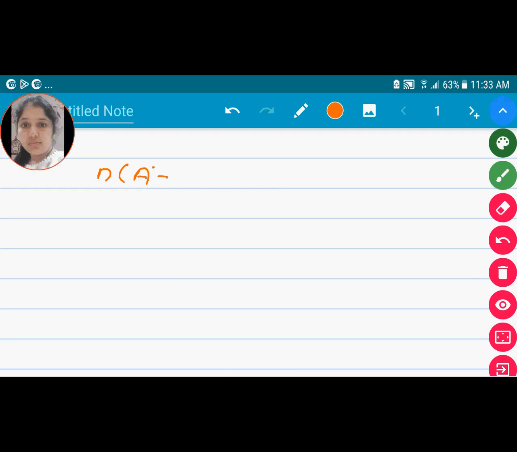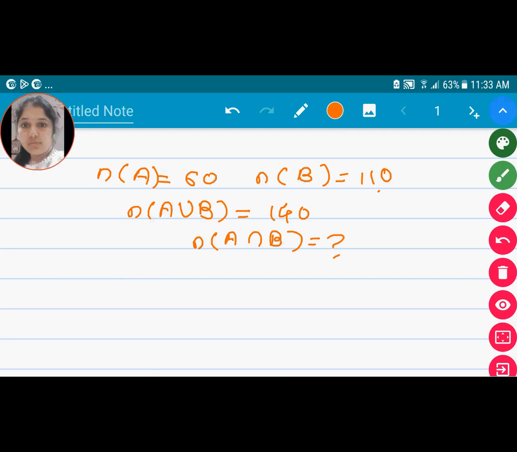Number of elements in A is equal to 60. Number of elements in B is equal to 110. Number of elements in A union B is equal to 140 and number of elements in A intersection B is asked.